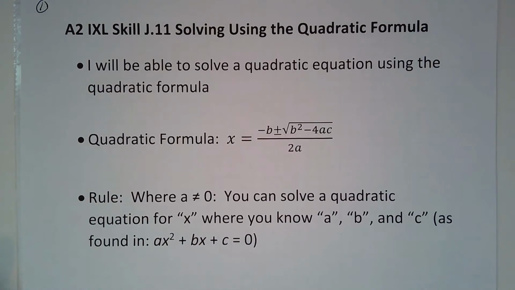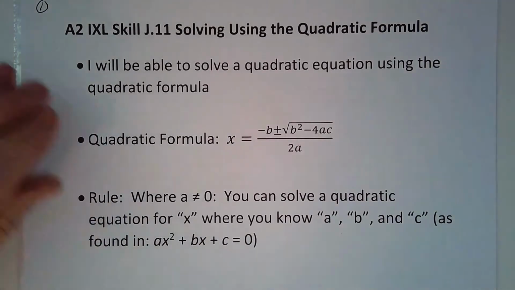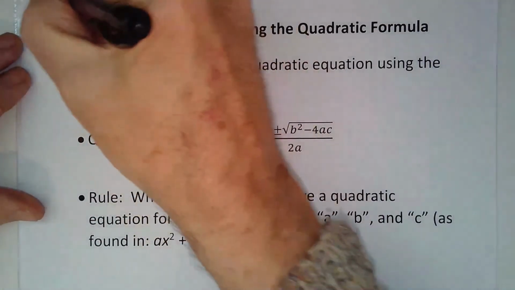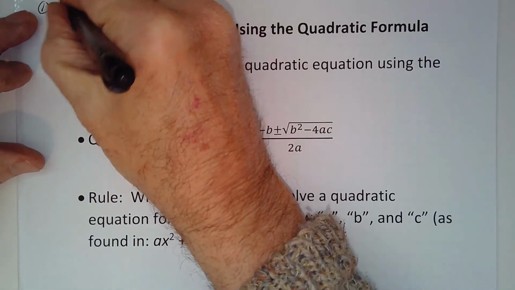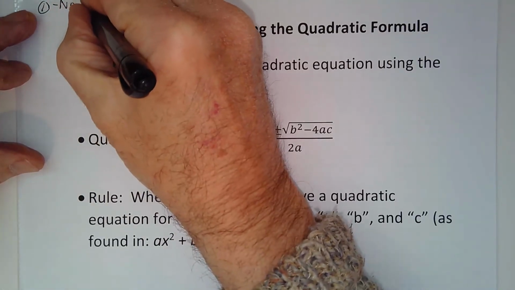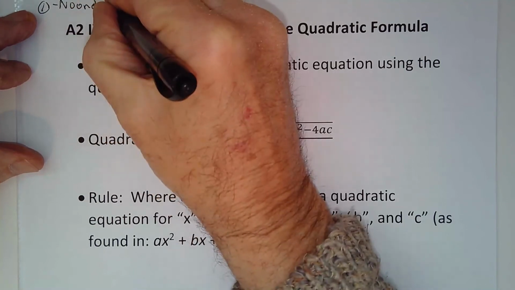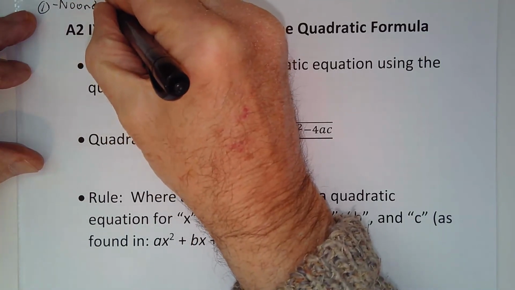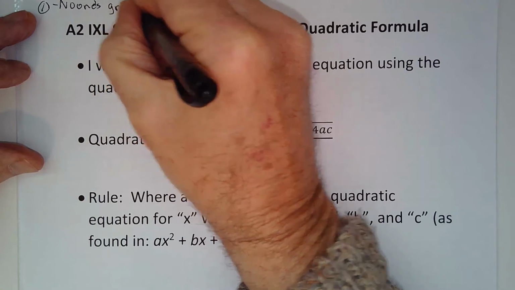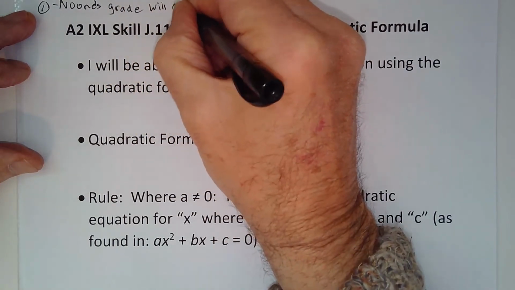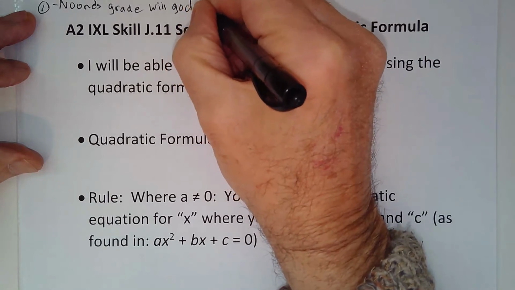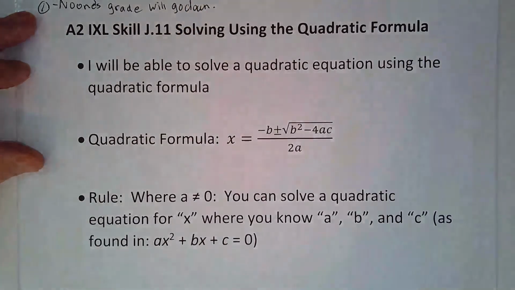And I just want to remind you again, no one's grade will go down. So I'm just going to write that at the top here. No one's grade will go down. Okay?